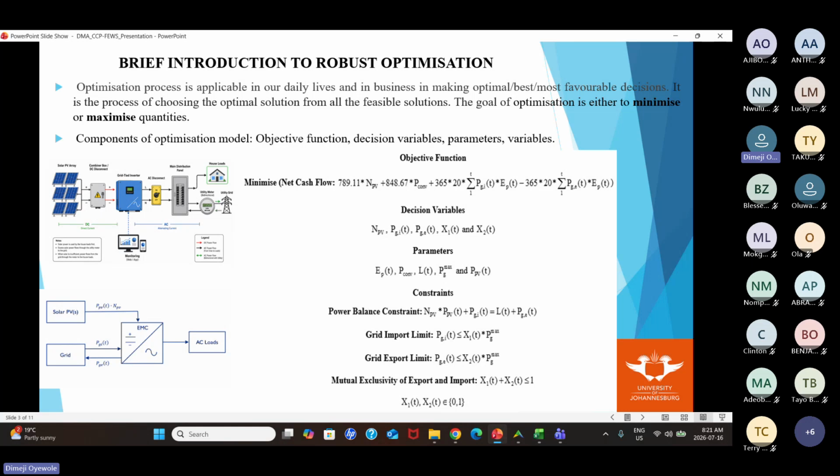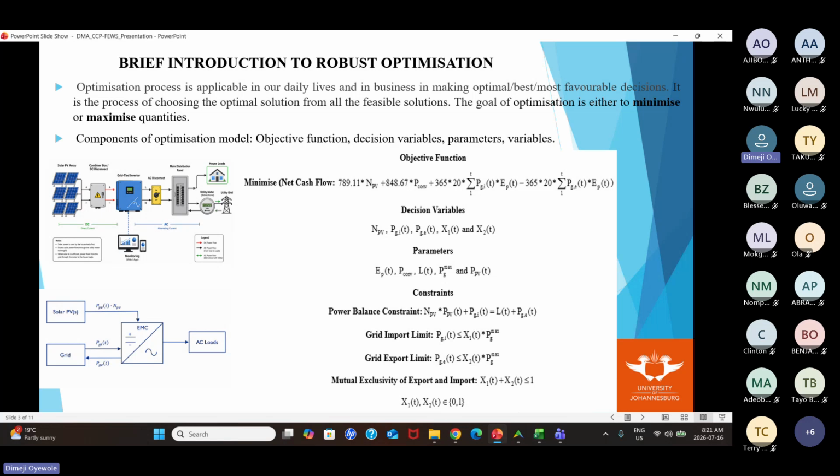But if you set constraints, it tells you that this must be satisfied for my model to work. And these constraints are obtained from the working strategy of your system.